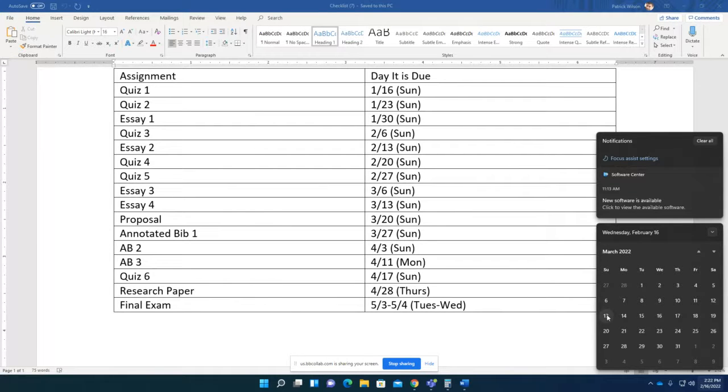It shouldn't be, I hope, that challenging of a deal as long as you follow the instructions when we start talking about essay 4 here in about another week or so. And then we get into the actual research aspect of the course with the proposals, the annotated bibs, the research paper, the final exam.